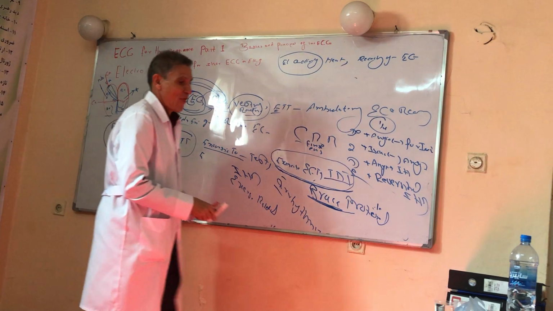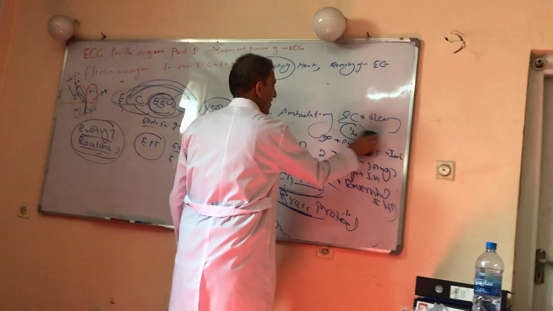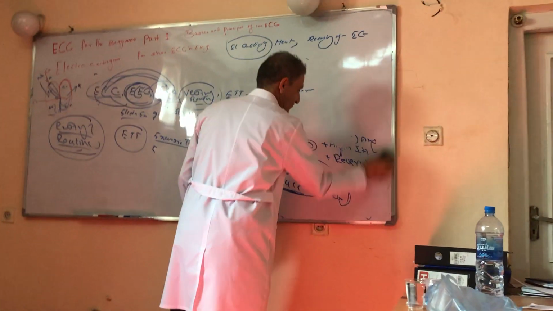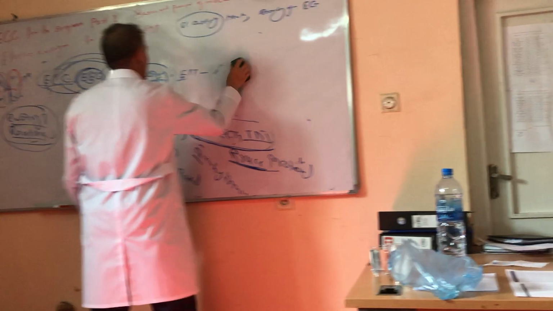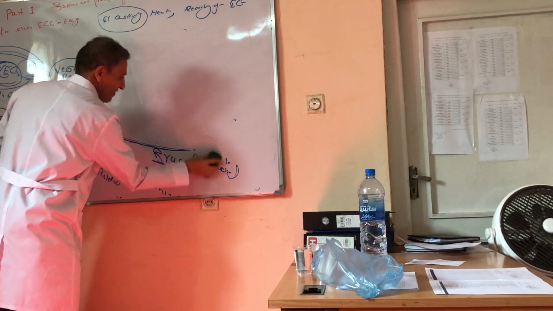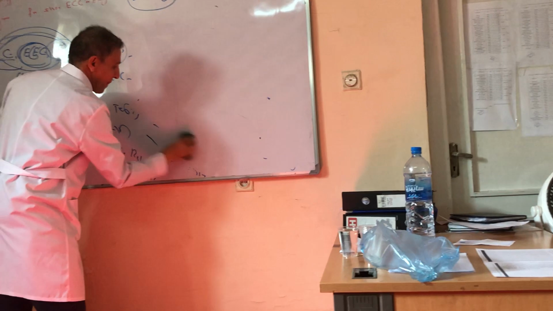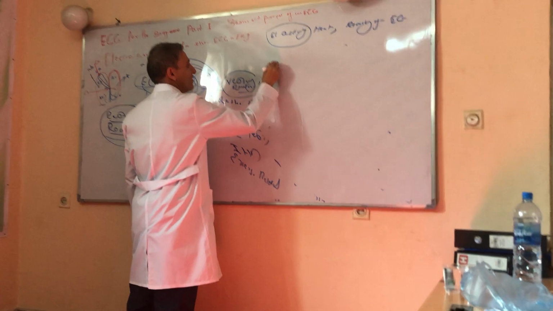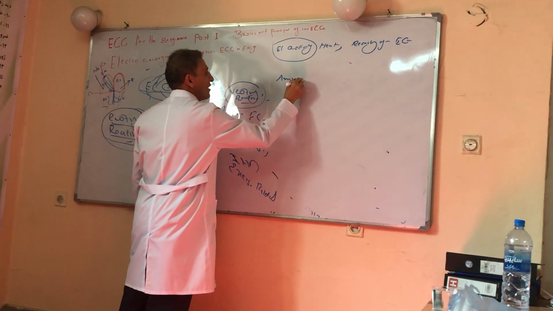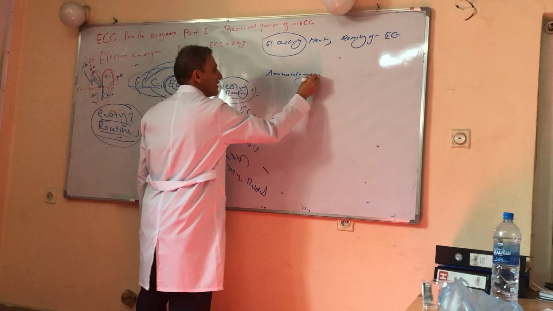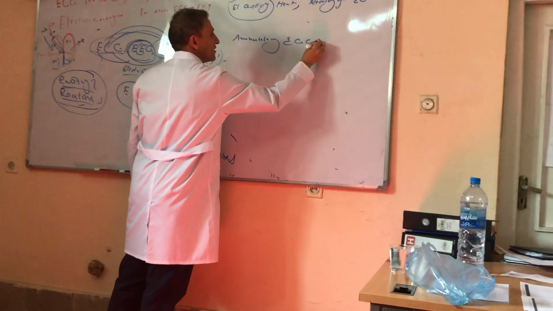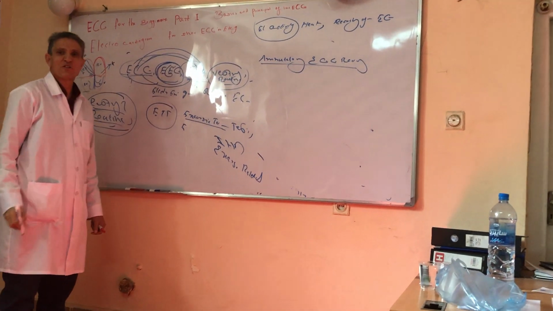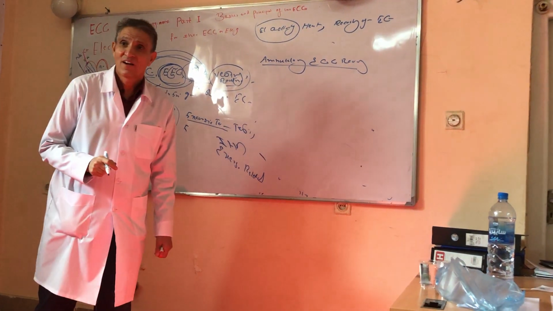Another: ambulatory ECG recording. As we know, ECG has a key role in the diagnosis of arrhythmia.